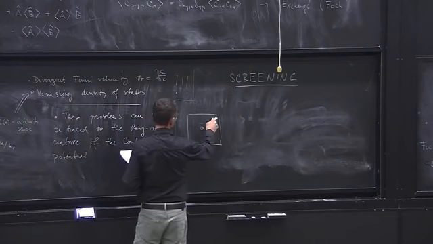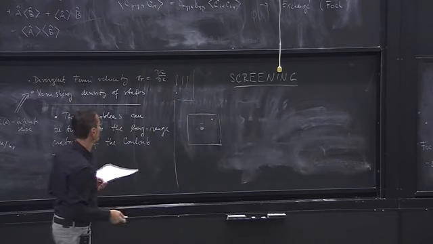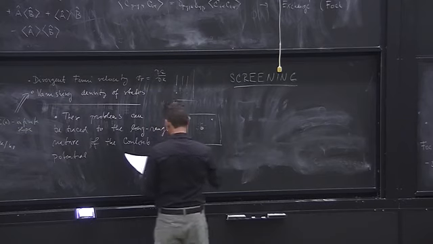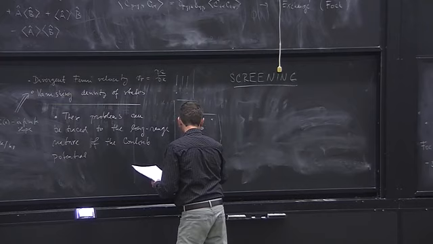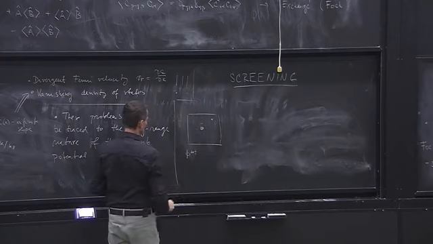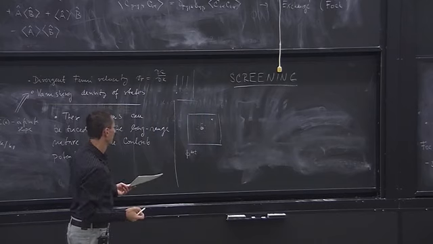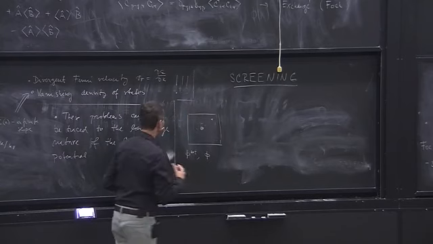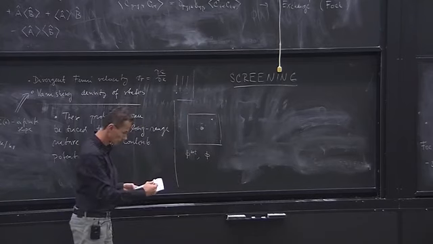If you were to put an observer here, it would not see that positive charge because it has been screened by this. And it is useful to introduce 2 quantities, which is phi external, which is just the potential produced by this charge in the absence of screening, and then phi total, which is the total electric potential when you include screening.